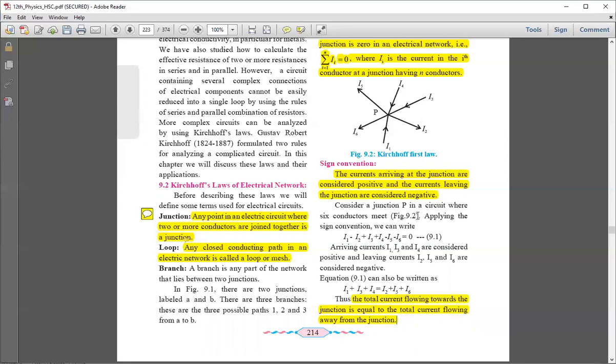Just remember that this law follows the law of conservation of charge, as charges moving toward the junction equal charges moving away from the junction. This is the 1 mark MCQ asked in the board exam: Kirchhoff's first law, or Kirchhoff's current law, or Kirchhoff's junction law, is in accordance with the law of conservation of charge. In accordance with means it follows the law of conservation of charge.